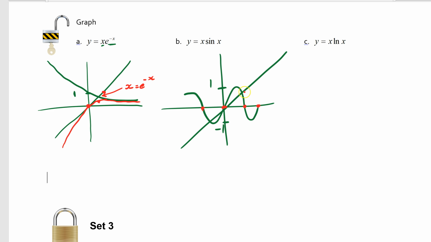This point here, where we've got a number which is less than 1 on the sine curve and one which is less than 1 on the y equals x curve, so their product will be less than 1. Likewise here, product less than 1. Again, they're disappearing.